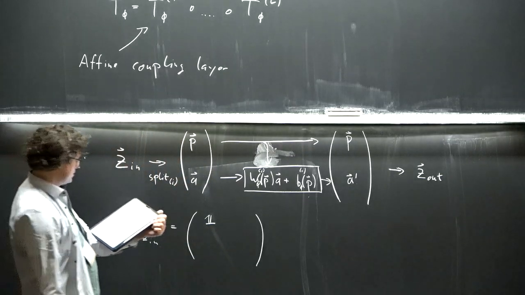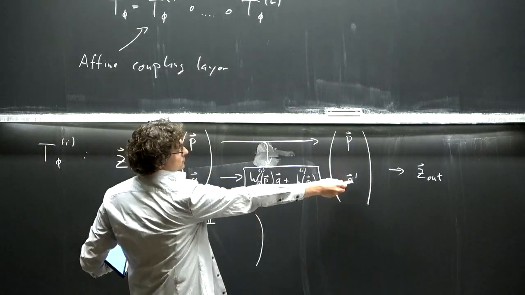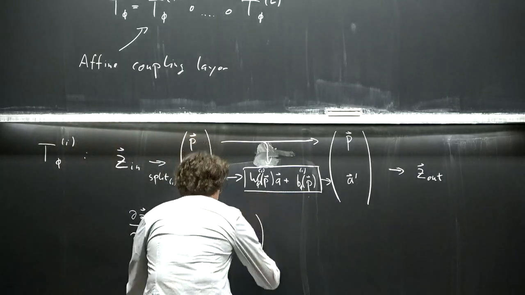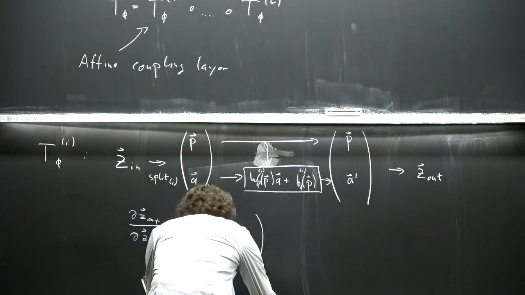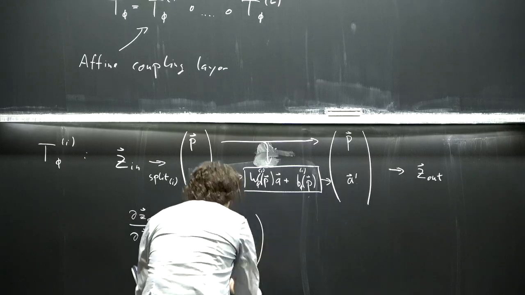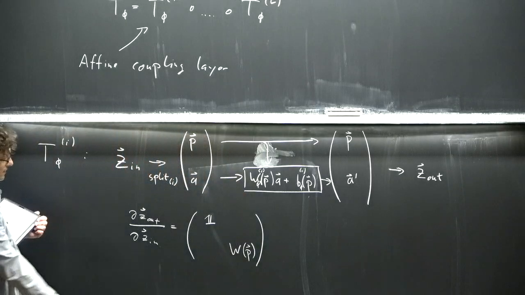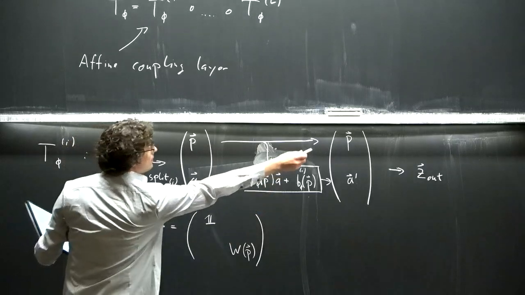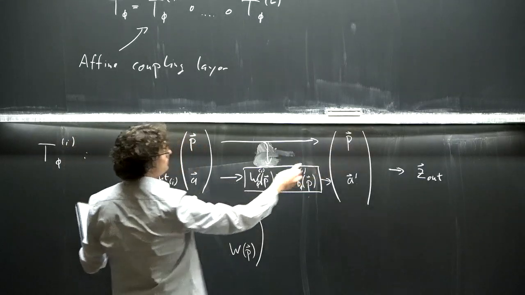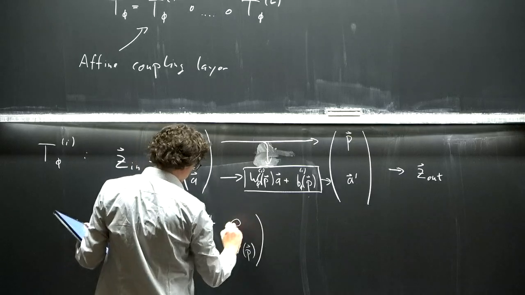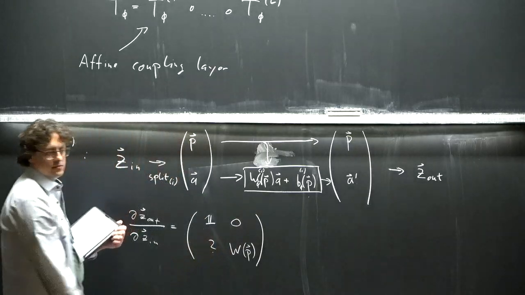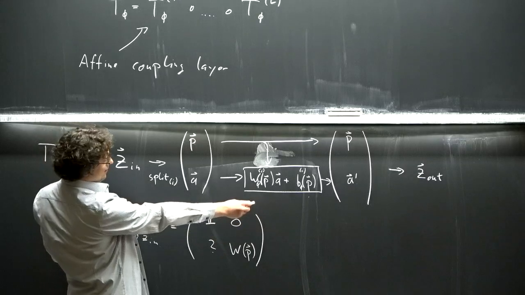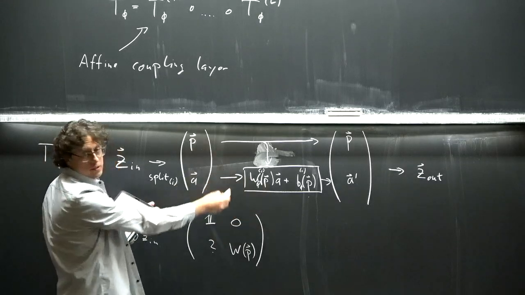Then there is a part that comes from taking the derivative of A prime with respect to A. This will just be our matrix, which will depend on P. And then there is this part here, taking the derivative of P with respect to A. This will be just 0. And here we will get a complicated mess. So here, this will be a derivative of A with respect to P.